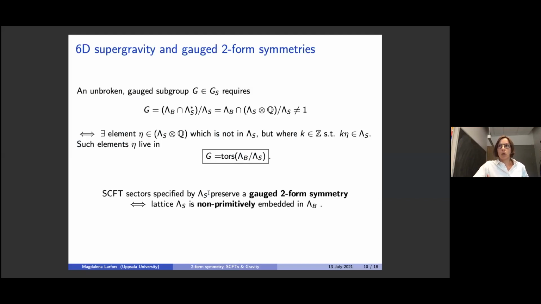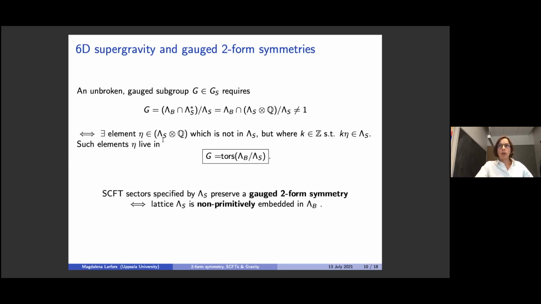Put more into lattice-theoretic words, what you want is that there should be an element in the dual lattice, the dual string lattice, which is not in the string lattice, but which, when we multiply it by some integer, should be in the lattice.